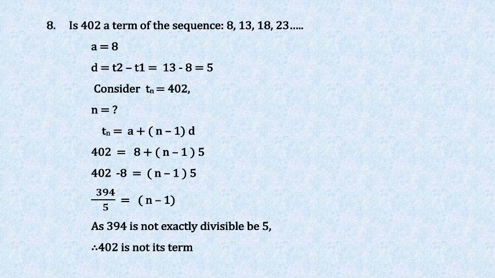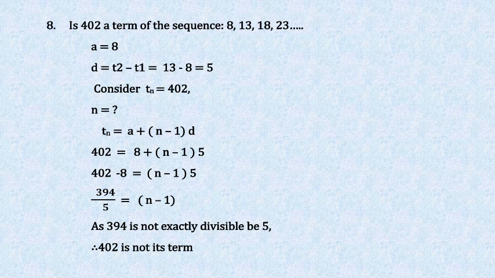We don't know which term it is, that is, n is a question mark. After simplification, we will get 394 by 5. As 394 is not divisible by 5, we will not obtain the solution as a whole number. So that means 402 is not its term.